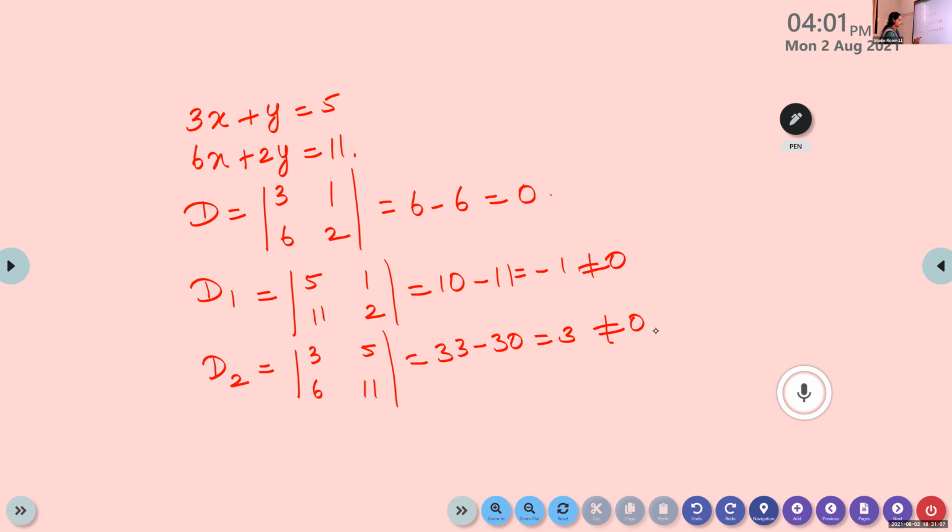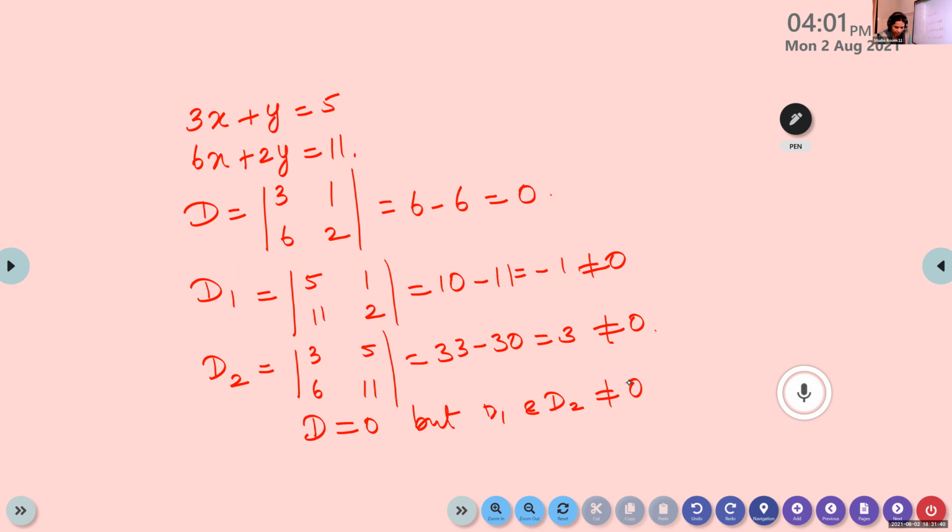So here D is 0, but D1 and D2 are not equal to 0. If either D1 or D2 is not equal to 0, then we can say the system is inconsistent.